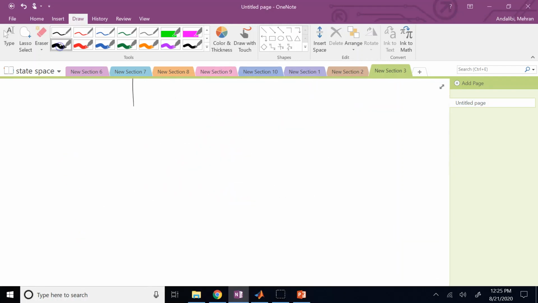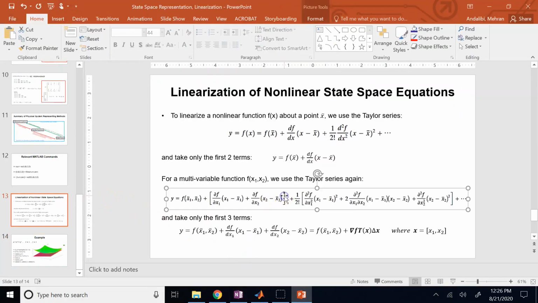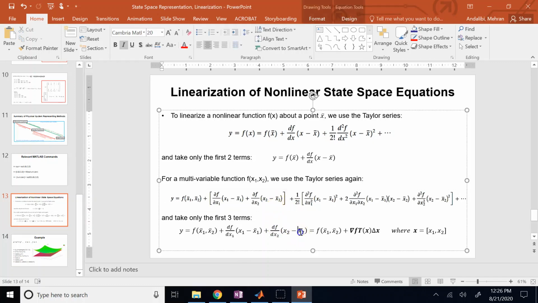What I have here is z equal to x squared plus y squared, and your operating point is at 1 and 1. So I use the Taylor series for two variables, which is this bottom one here, and I only use the first two terms, right?